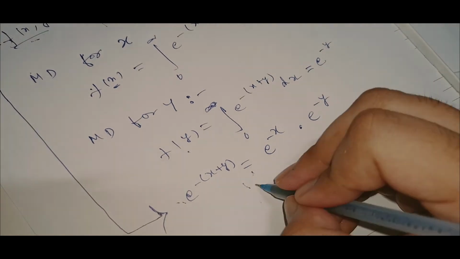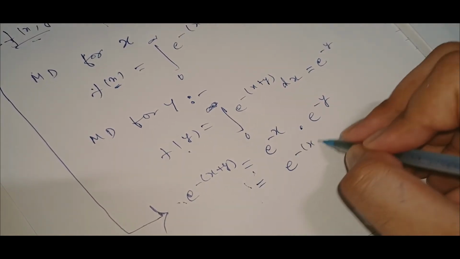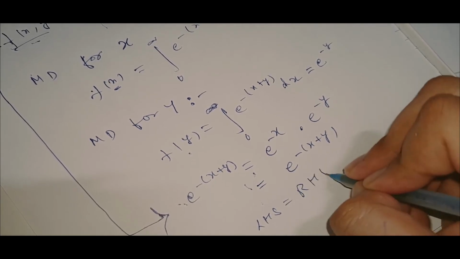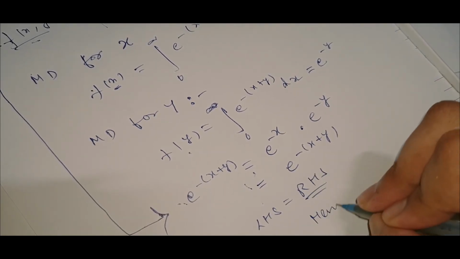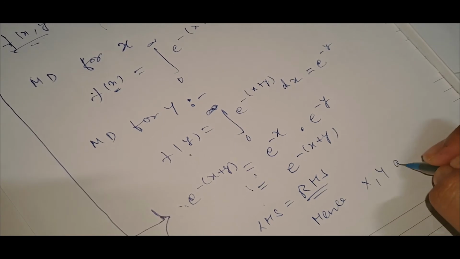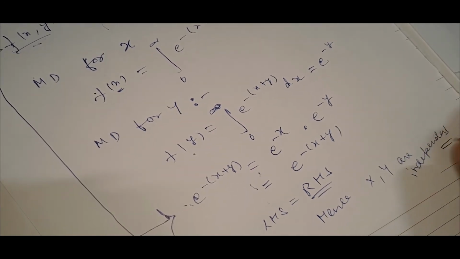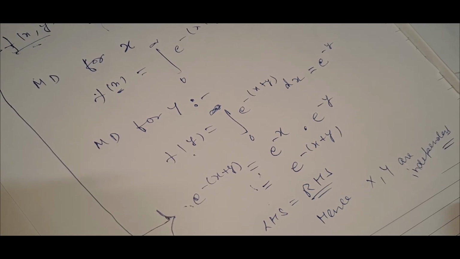So this results in e to the minus (x plus y). So LHS is equal to RHS. Hence x and y are independent. Got it? Thank you.